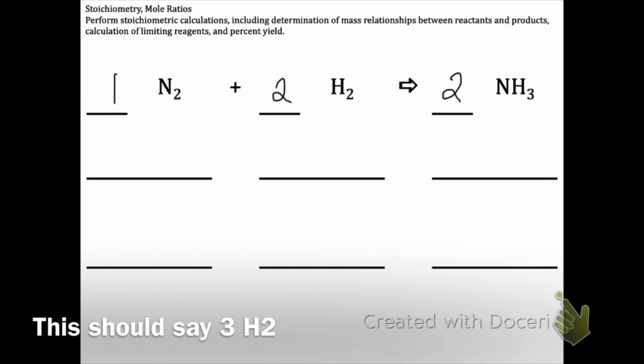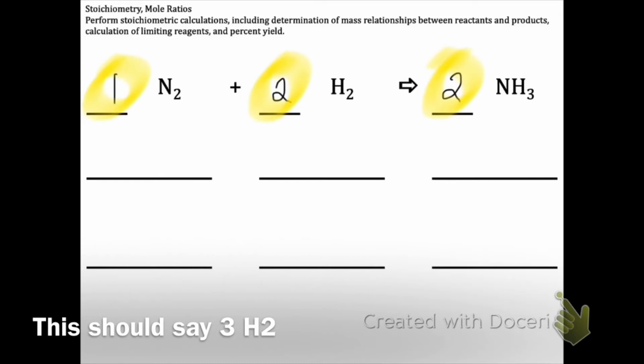So before you can do a problem, you have to look at your mole ratios. And the mole ratios are a comparison between the coefficients in that balanced equation. So when I'm talking about the coefficients, I'm talking about those numbers in front of each of the compounds.